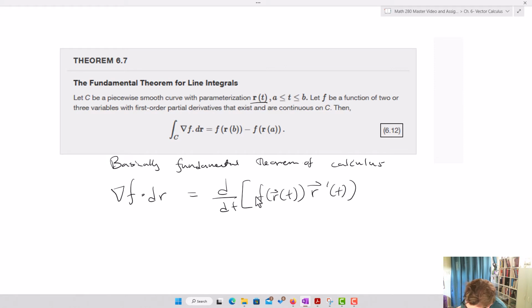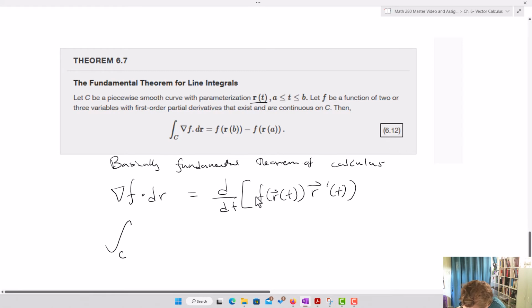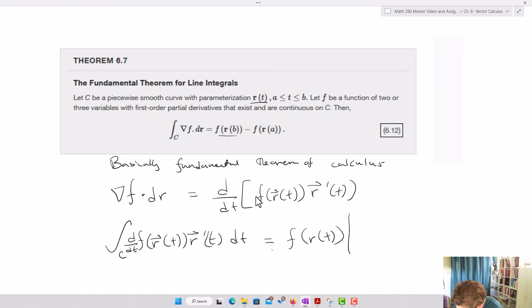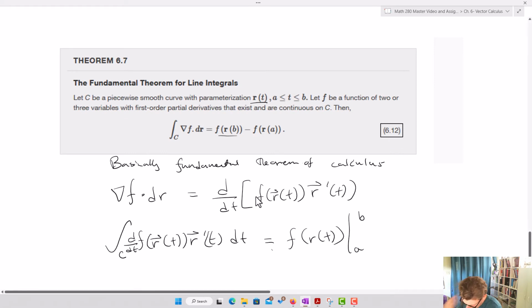Then if we take the integral of that along the curve, we're going to get the integral of d/dt f of r of t dt, and that's essentially just f of r of t evaluated from a to b, which ends up being f of r of b minus f of r of a.